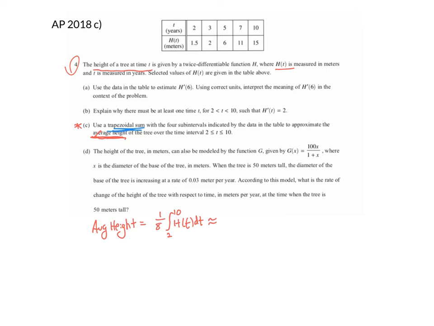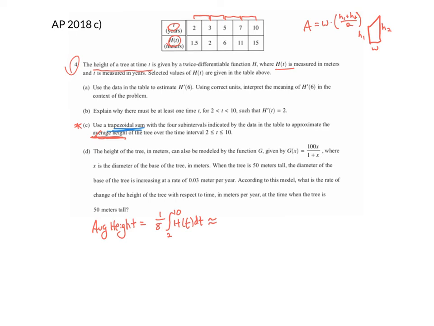So we've got 4 subintervals, interval 1, 2, 3, 4. As you can see, our t is on top and our h of t is on the bottom. So when I set up trapezoids, remember that the area of a trapezoid, I draw a little trapezoid right here, is height 1 plus height 2 divided by 2 times the width. So width times height 1 plus height 2 divided by 2.